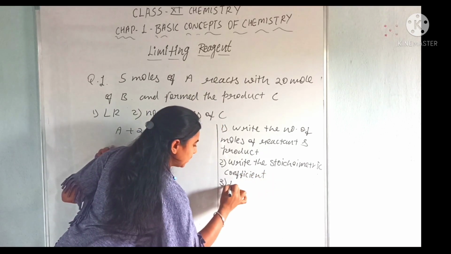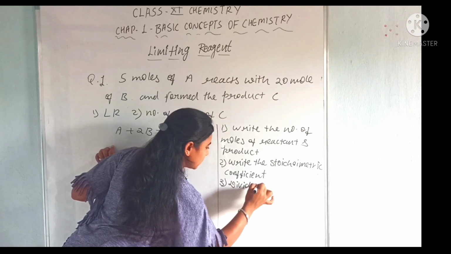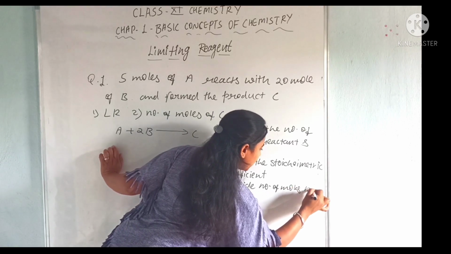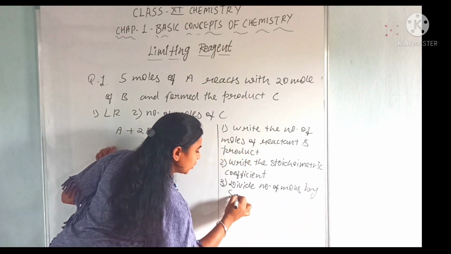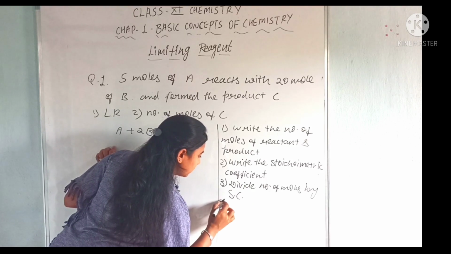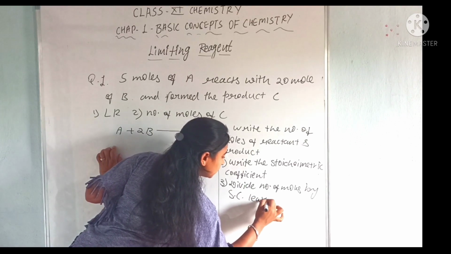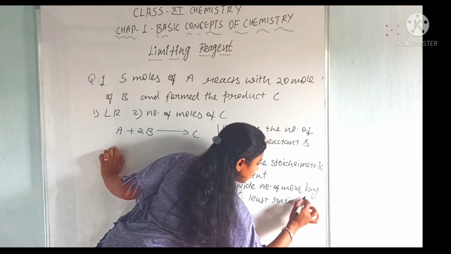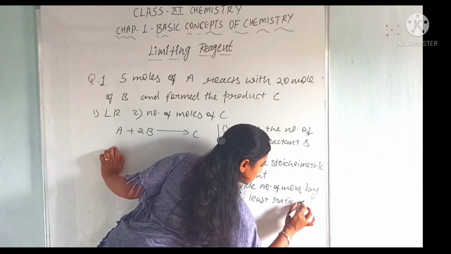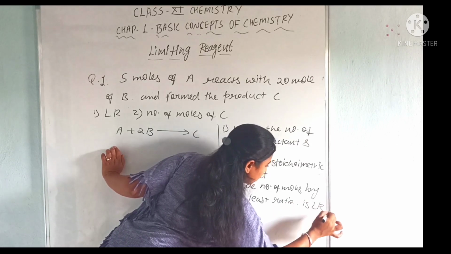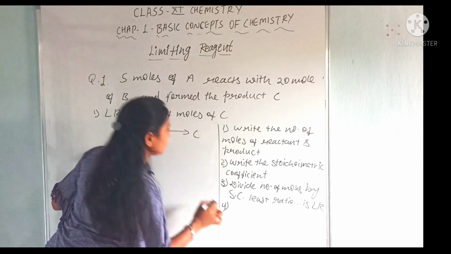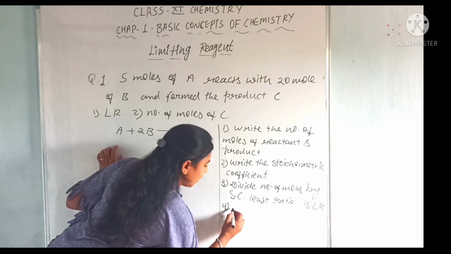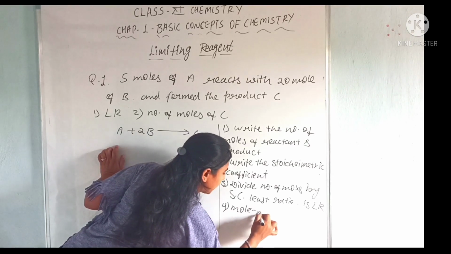Then divide number of moles by stoichiometric coefficient. Then the least ratio is the limiting reagent. Then to find the number of moles of product or any reactant, we use the mole analysis.